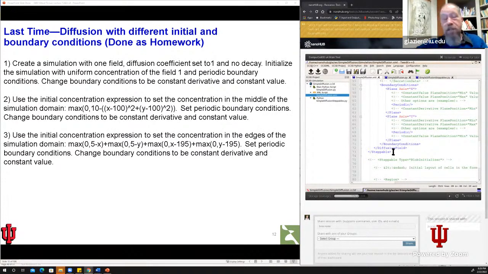One thing that has been fixed in the current version of CompuCell is it used to be that if you commented a comment in XML, it crashed. Because it turns out that if you have the uncomment command twice, it causes a problem. And so now the block comment is smart, and it looks and sees if there's a comment inside of the thing you're commenting, and it keeps it as a comment.